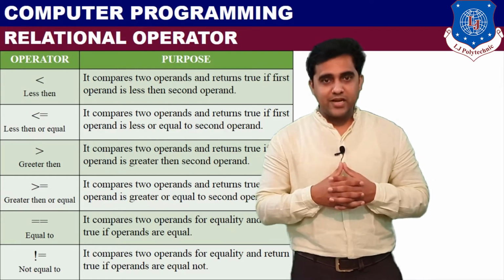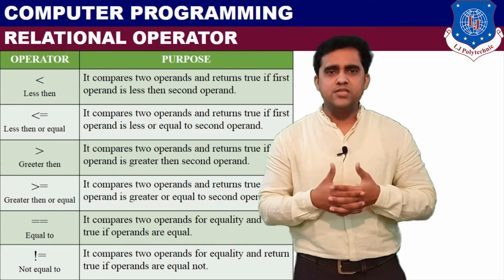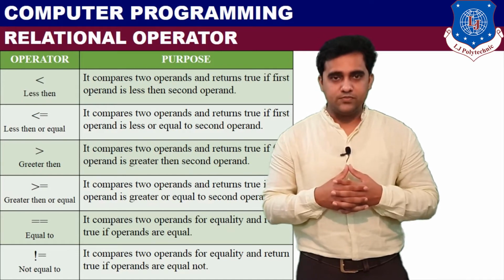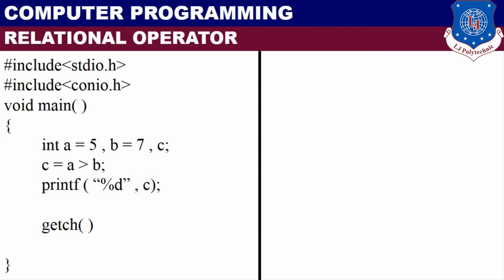Now let's understand this concept with one simple C program. So here let's include our header files, that is #include stdio.h and #include conio.h. If you want, you can skip including conio.h here, just keep in mind that you will not be able to use its functions.